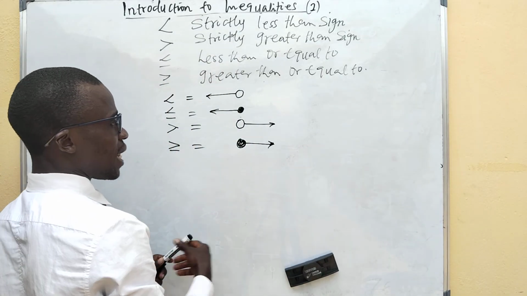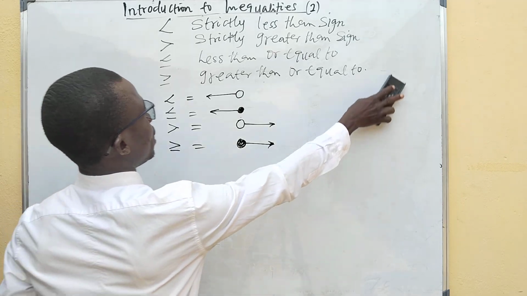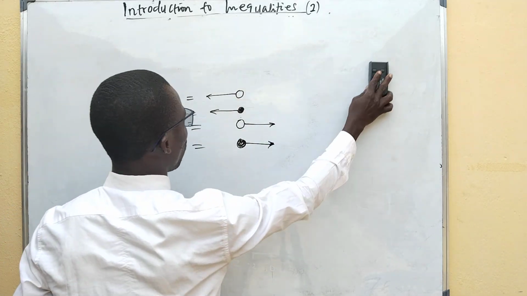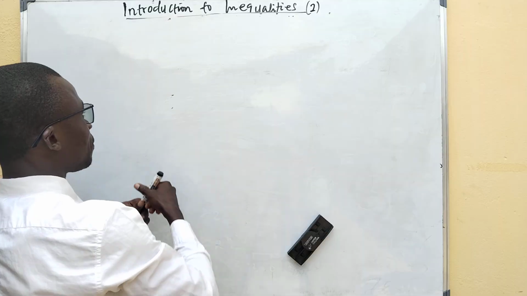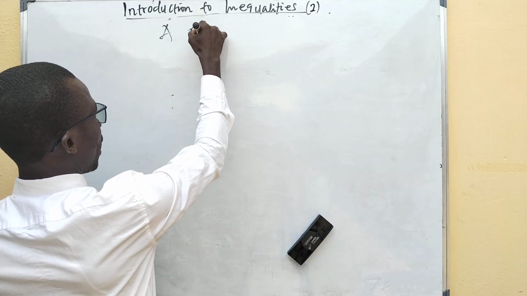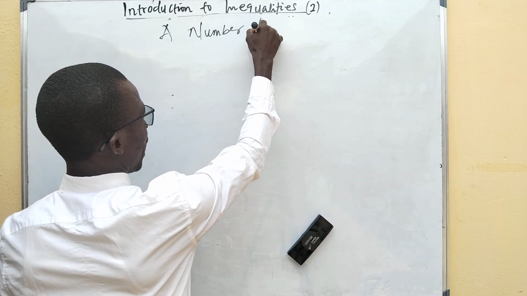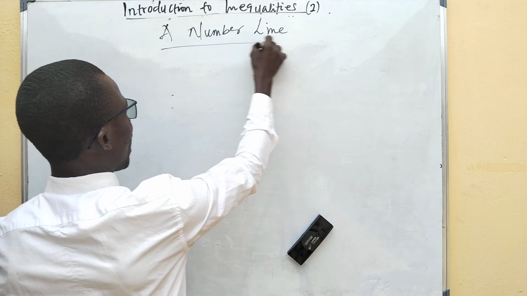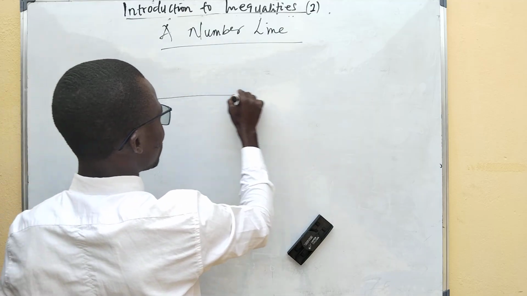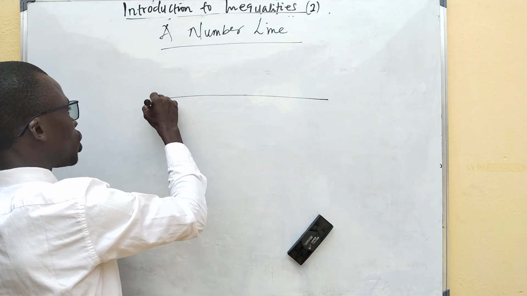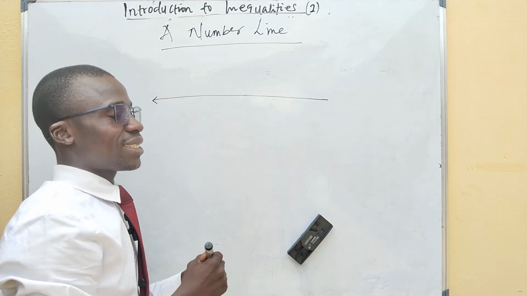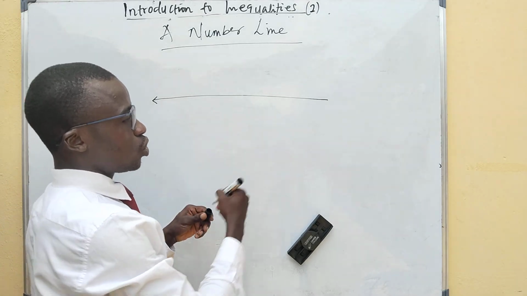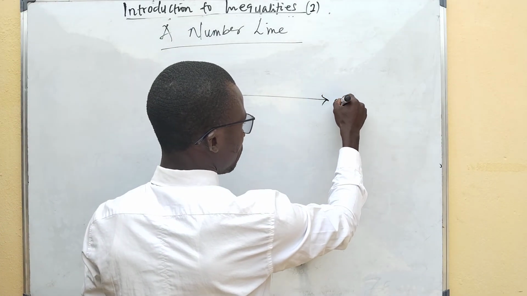Now, what exactly do we mean when we talk about a number line? A number line is just a simple line which contains numbers that start from negative infinity to positive infinity.